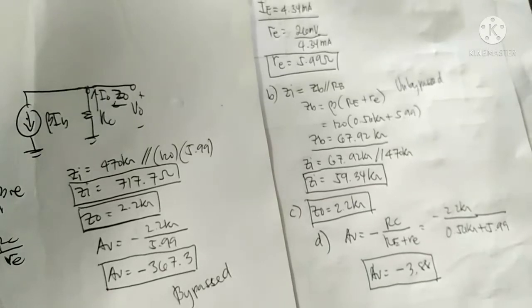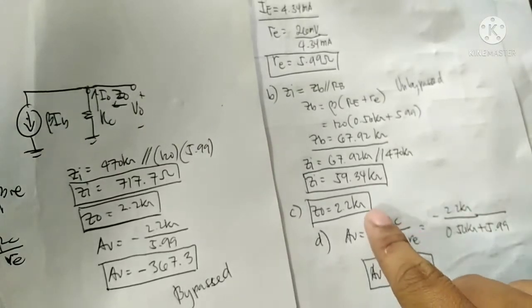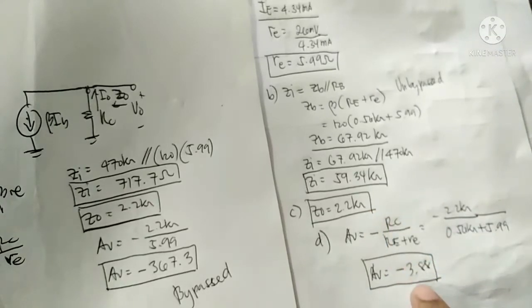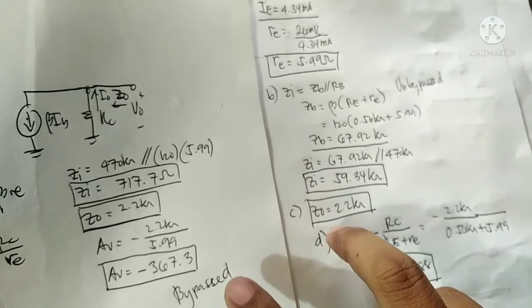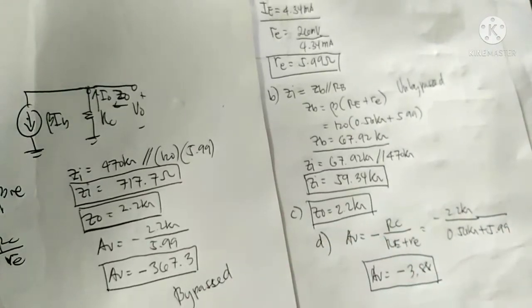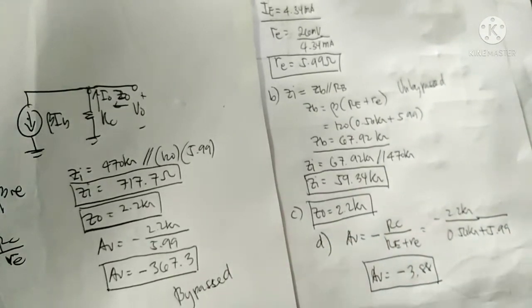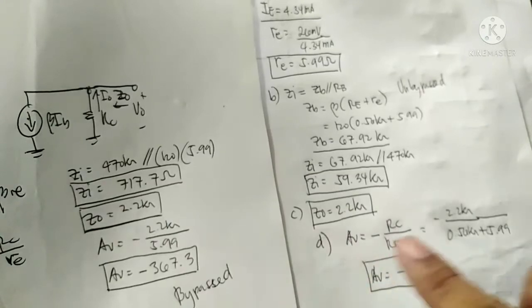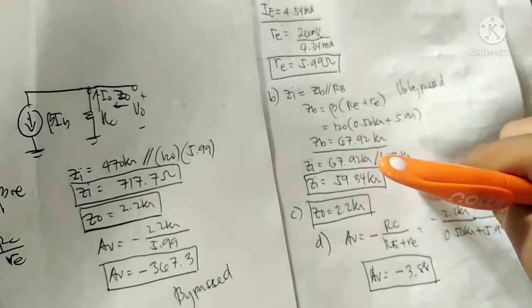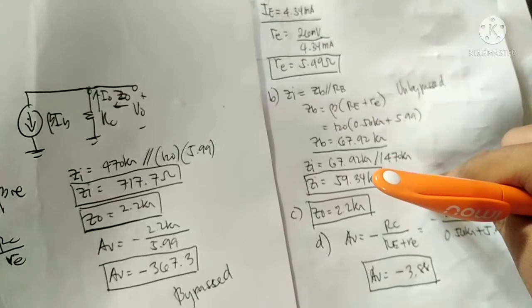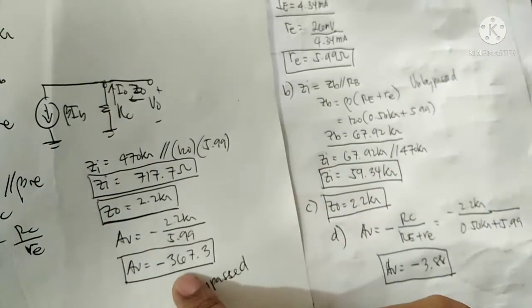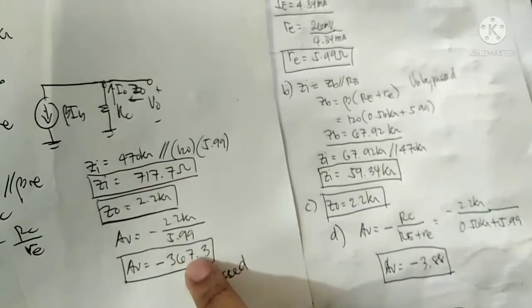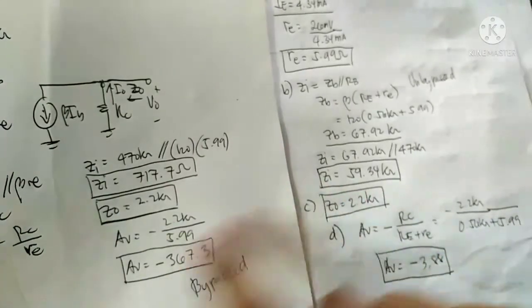But in order to compensate for the smaller voltage gain, we have a cascade configuration, where we cascade two transistors. The first stage will be the higher impedance stage, and the second stage will be a higher voltage gain stage, to compensate for the disadvantages of each other.